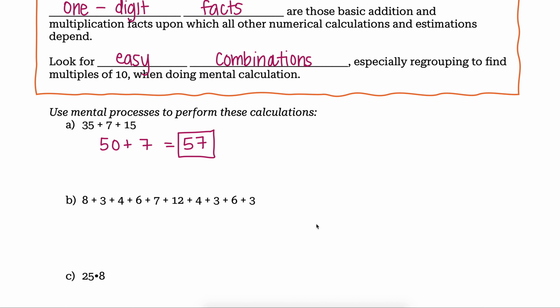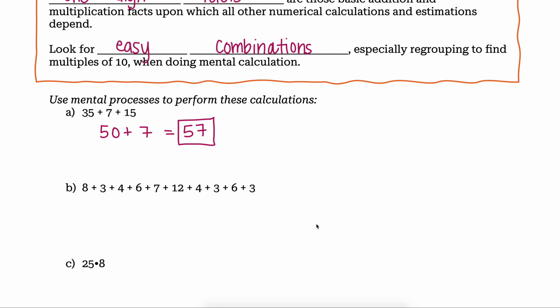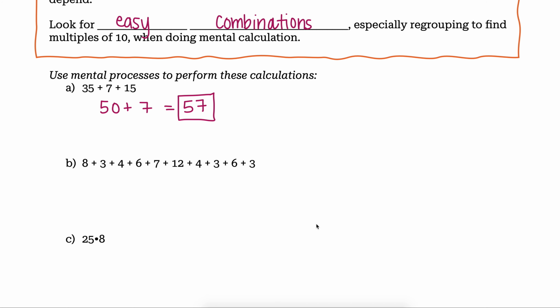The second one, we have a long string of numbers, but I'm going to do that same process. I'm going to look for multiples of 10, and I will tell you a little behind the scenes. I actually use this all the time. My family likes to play board games, and a lot of times at the end, you're adding up the scores. I'm always looking for groups of 10.